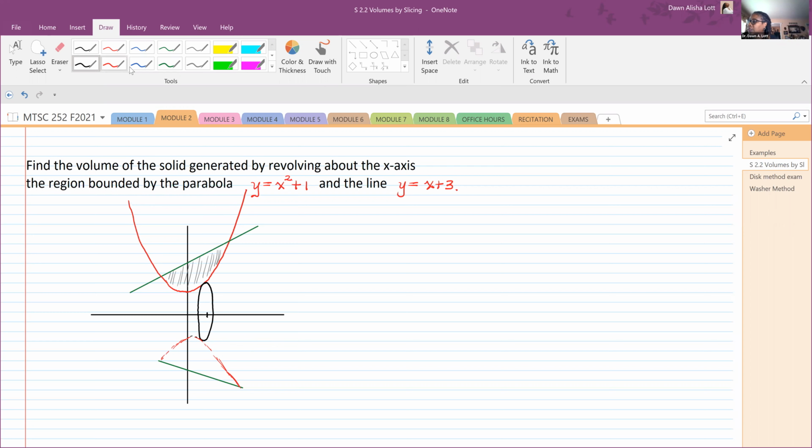Find its radius and call that little r. So what is little r of x? x squared plus 1. You want to take this big one.